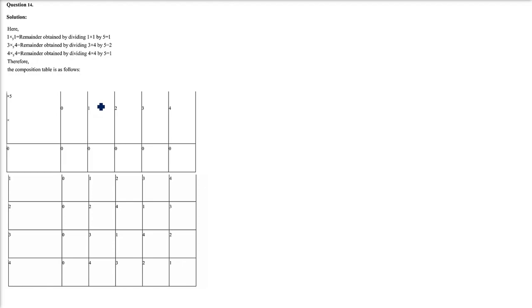So the question is like this. Write the composition table for the binary operation x5, multiplication modulo 5, on the set S equals {0, 1, 2, 3, 4}. So this S is 0, 1, 2, 3, 4. Now you know how to make it. I hope you'll be able to make it. I'll tell you one of the values so that you know how to make it.